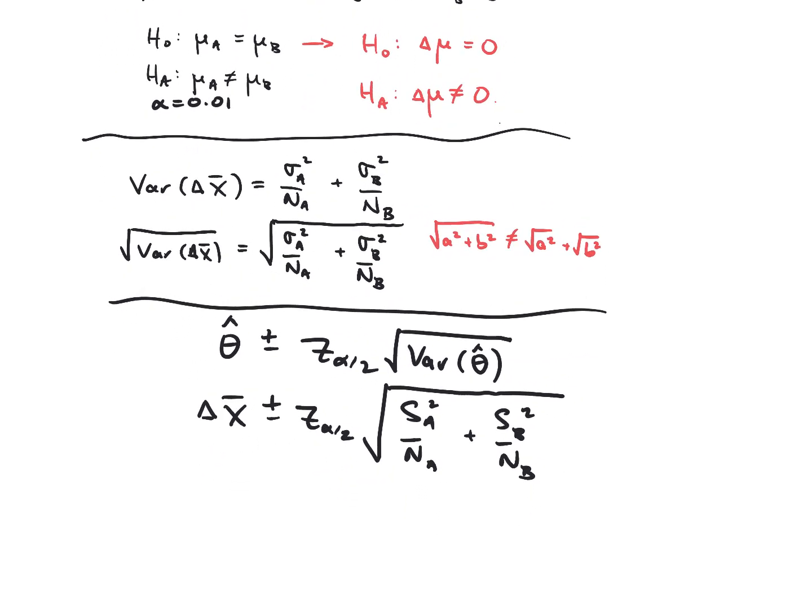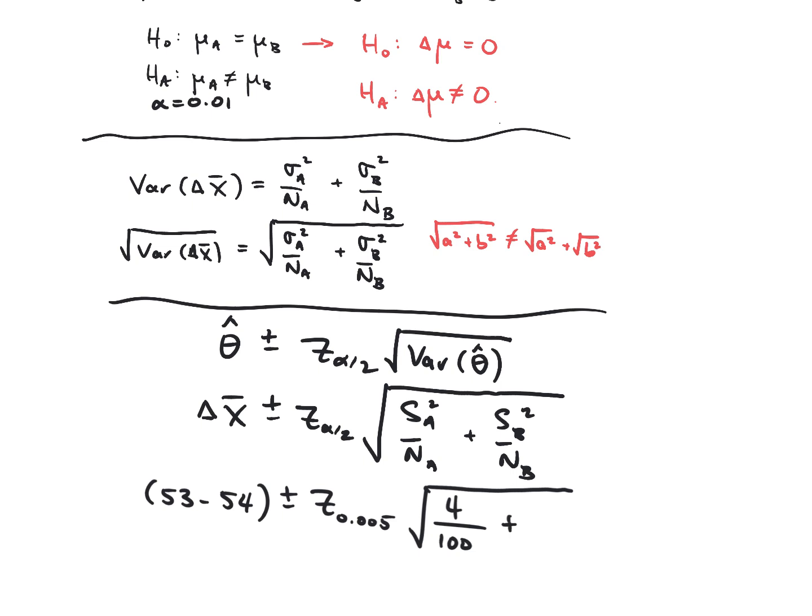So the difference in means, 53 minus 54, plus or minus z of 0.005 times the square root of, variance in the first group was 4, number of observations in the first group was 100.